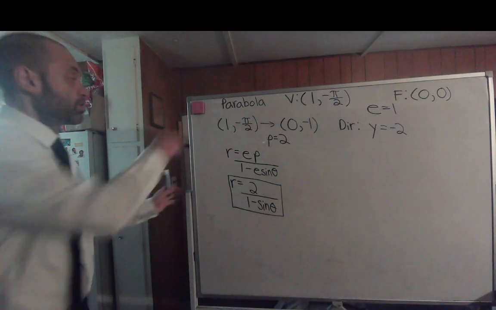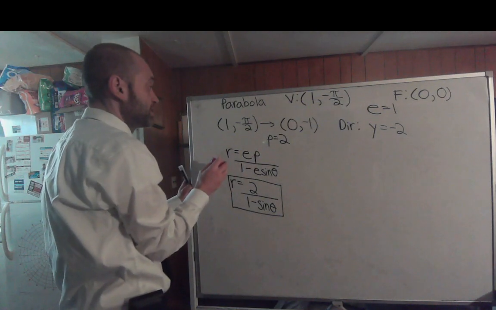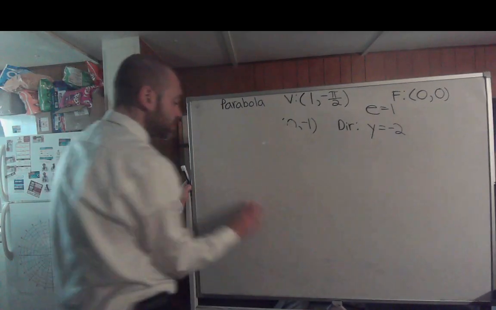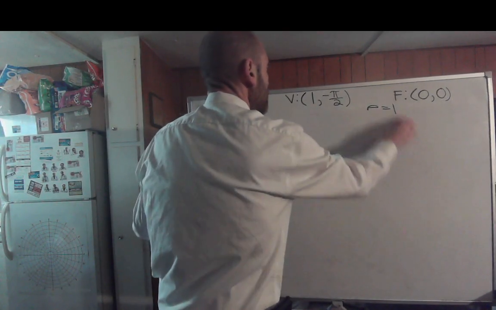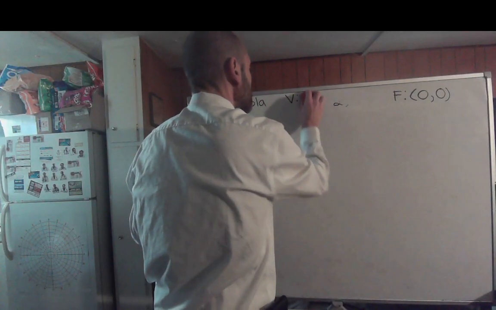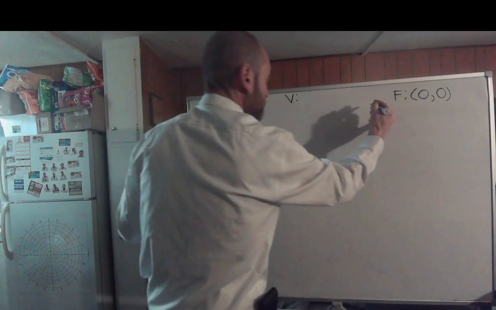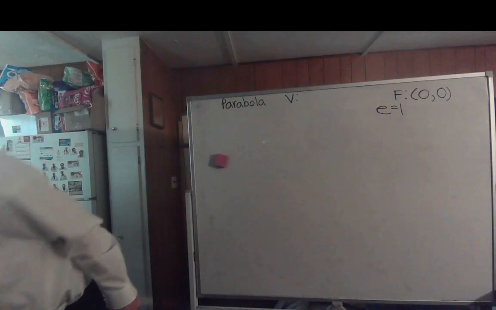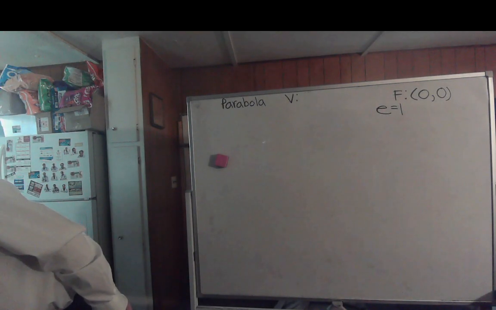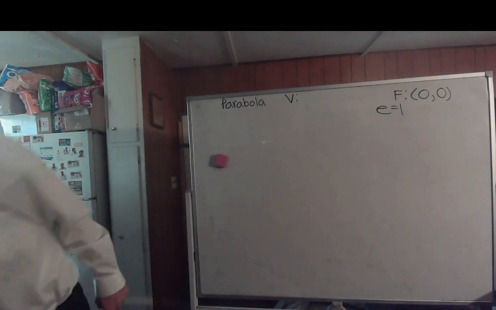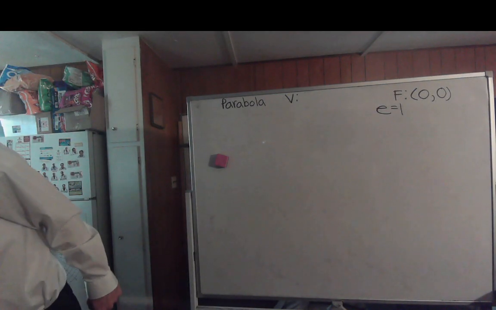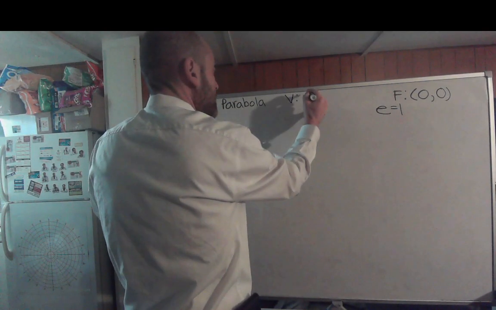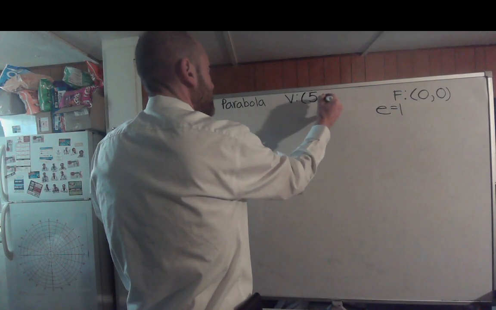I got one more parabola, then we'll move on to ellipses. If I'm doing a parabola, I can keep that eccentricity of 1 up there, but we will have the vertex at 5, pi.